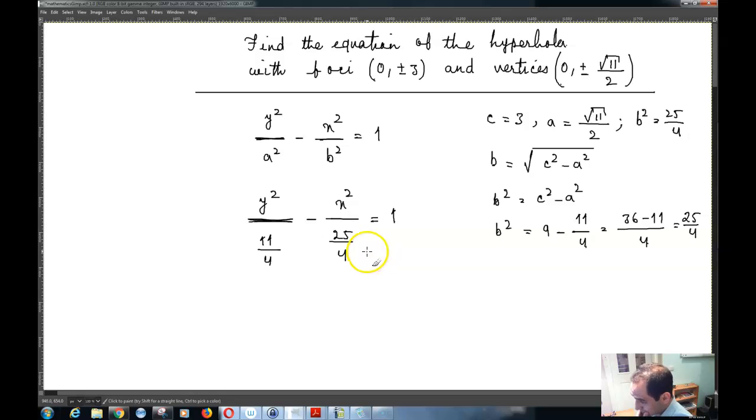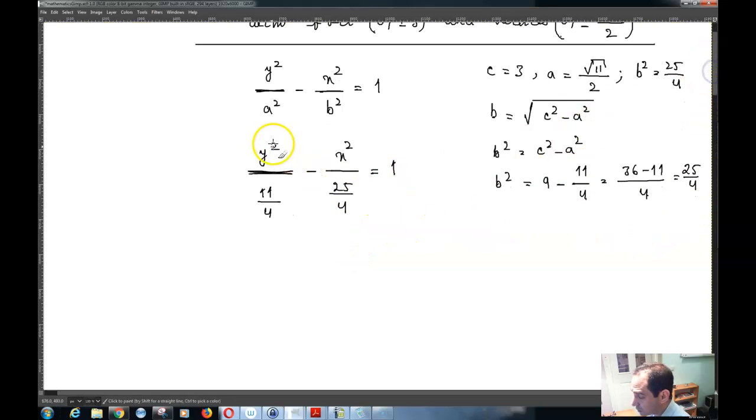Now what you can do, to simplify this, is let's say that you have some number over here, some a, for example, divided by b divided by c. So you can write this as a times c by b.